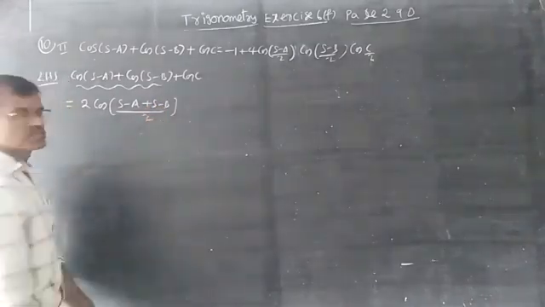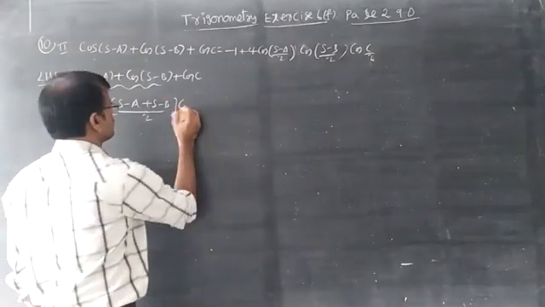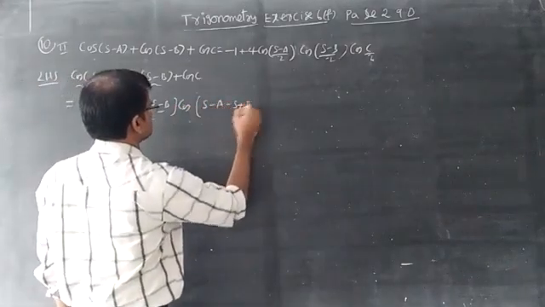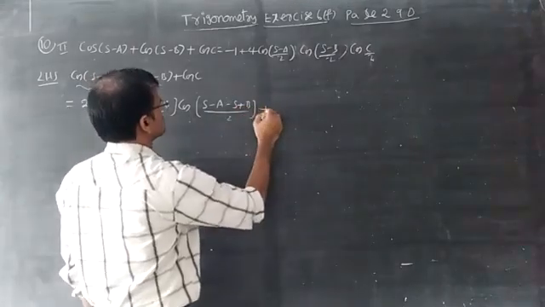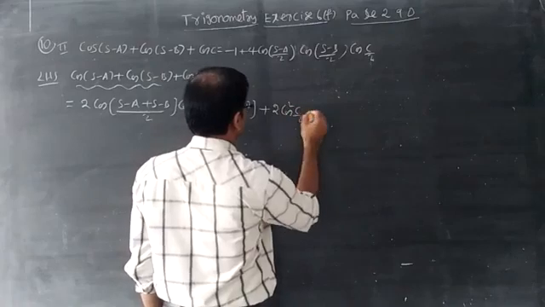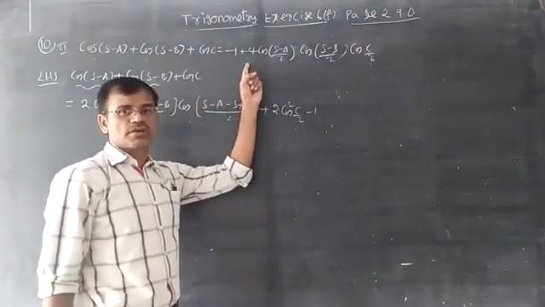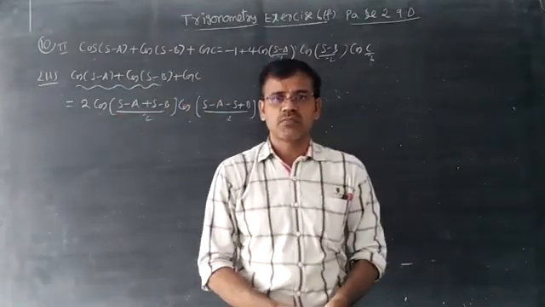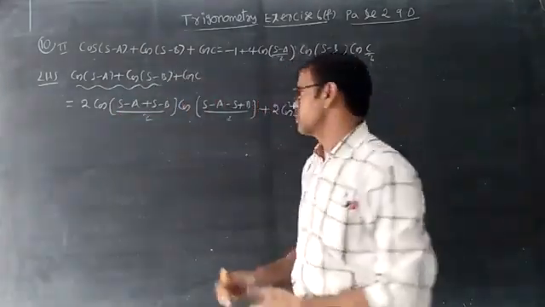So 2 cos of ((s − A) + (s − B)) by 2 into cos of ((s − A) − (s − B)) by 2, plus, according to the cos C formula, apply 2 cos square C by 2 minus 1, because minus 1 is there for all. If plus 1 is there for all, then you can apply 1 minus 2 sin square C by 2.